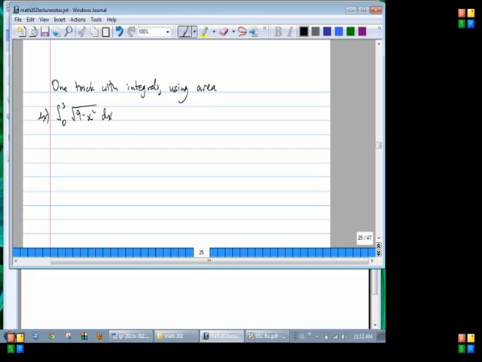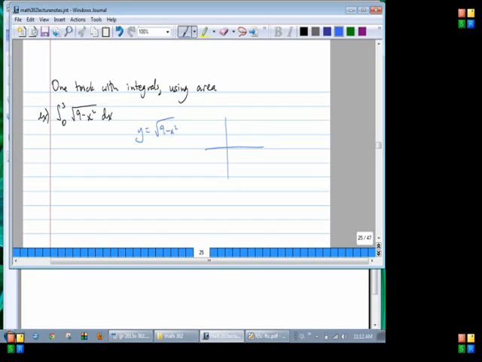So, what does the graph of this look like? If your function is y equals the square root of 9 minus x squared, what does that look like when you graph it?